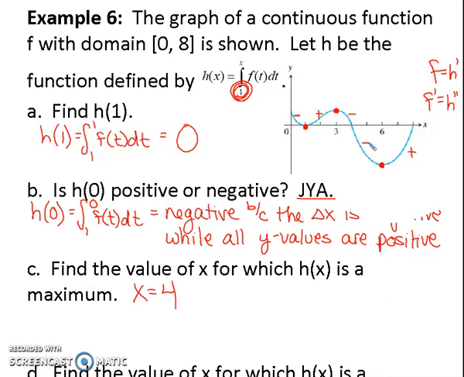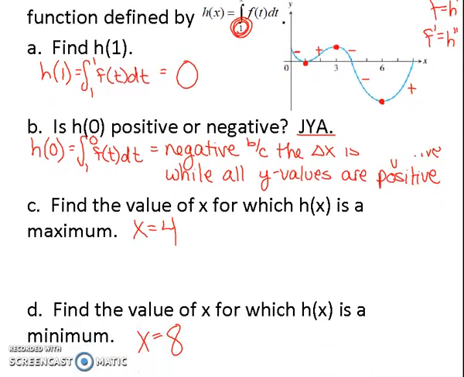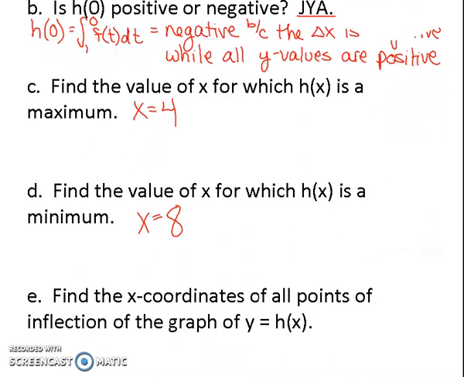So those places where the changes occur are at 1, 3, and 6, which would mean that's where the second derivative changes between positive and negative, which would mean that's where the original graph, h of x, has points of inflection. So that's kind of a little bit of everything having to do with area under a curve and a little bit of the fundamental theorem of calculus.